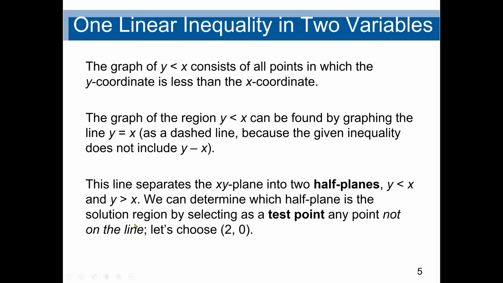This line separates the xy plane into two half planes, so we may have y less than x and also y greater than x. Then we determine which half plane is the solution region by selecting as a test point any point not on the line. For example, we can choose (2, 0), though it can be any point.